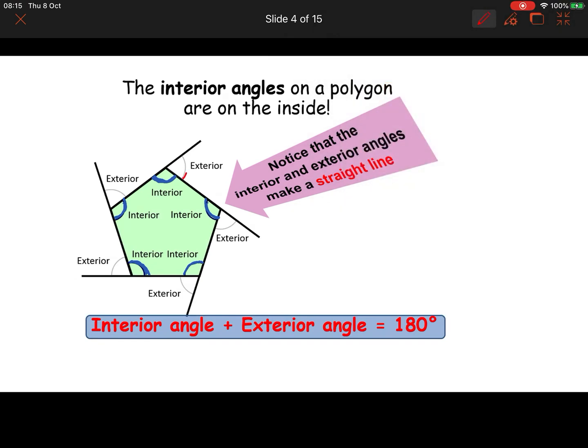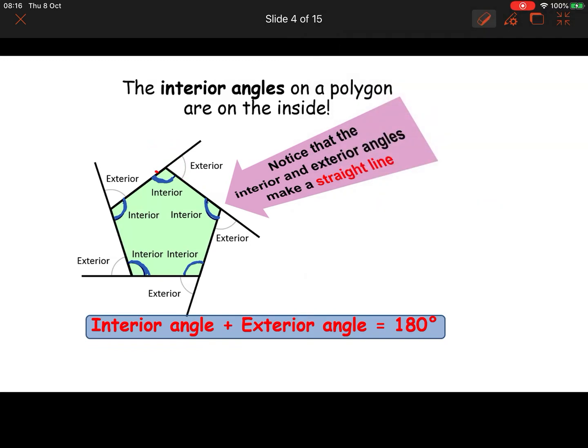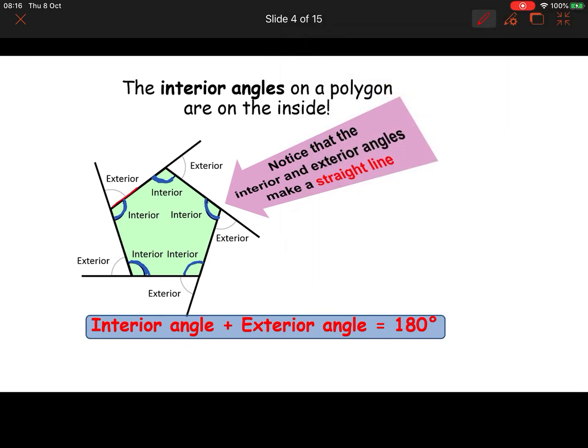Okay. This is an exterior angle. Lots of people think that it's this all the way outside, but it's not. Okay? An exterior angle is made from creating a line from the side beyond the interior angle, and then it's this angle here.